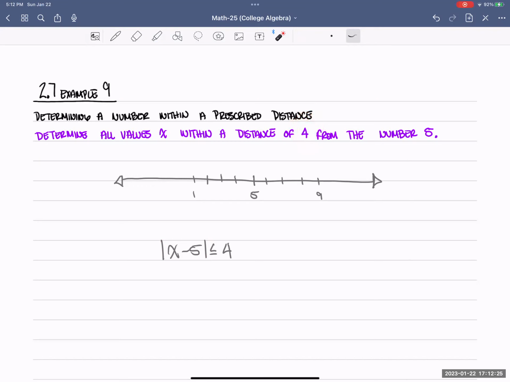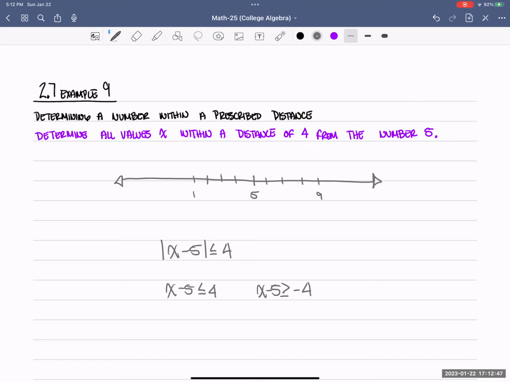So just to make sure, we could solve these to be either x minus 5 being less than or equal to 4, or x minus 5 being greater than or equal to negative 4.